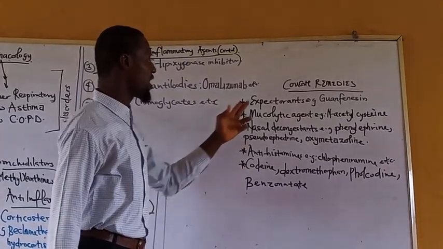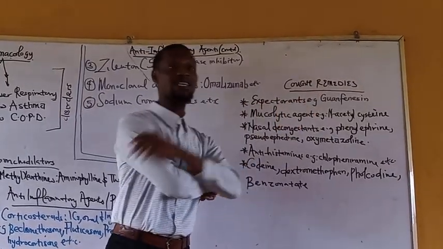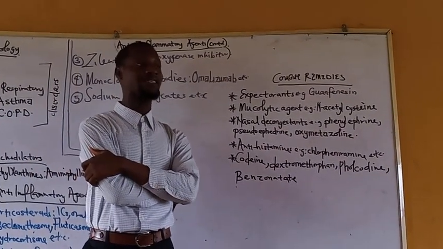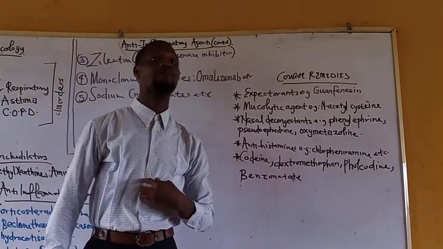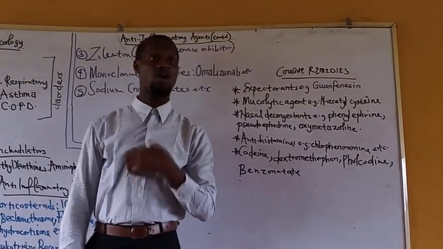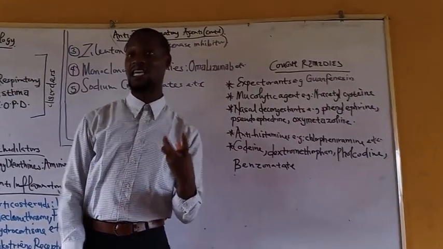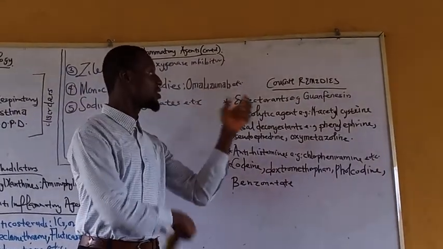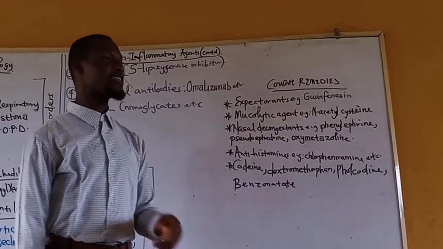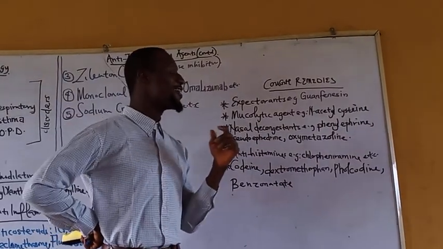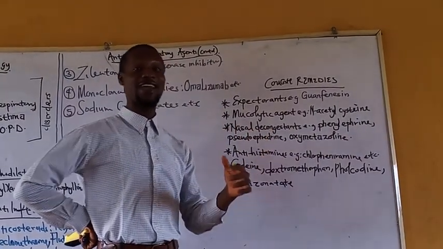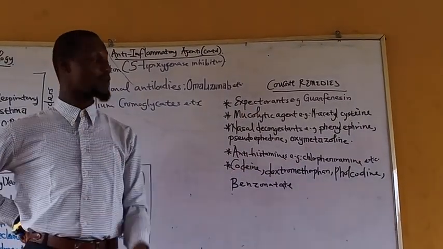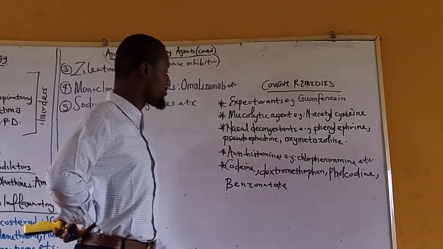Now we have expectorants, e.g. guaifenesin, which is an expectorant given to help persons that have issues expelling phlegm or thickened liquid in the respiratory tract. So we give guaifenesin as an expectorant to help them remove some of those thick phlegms.